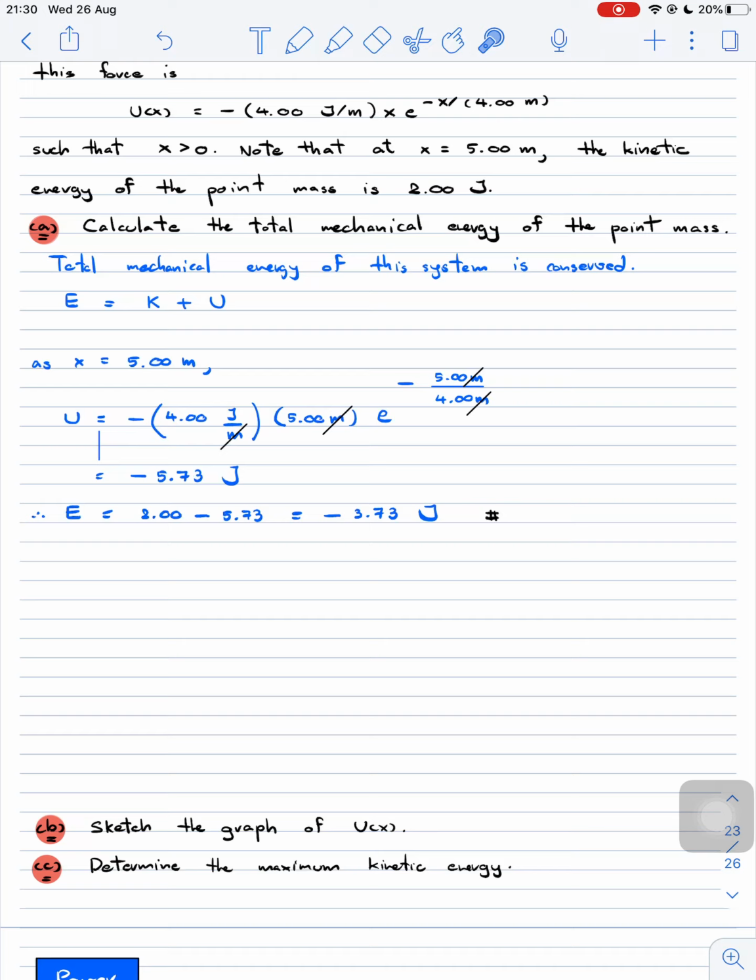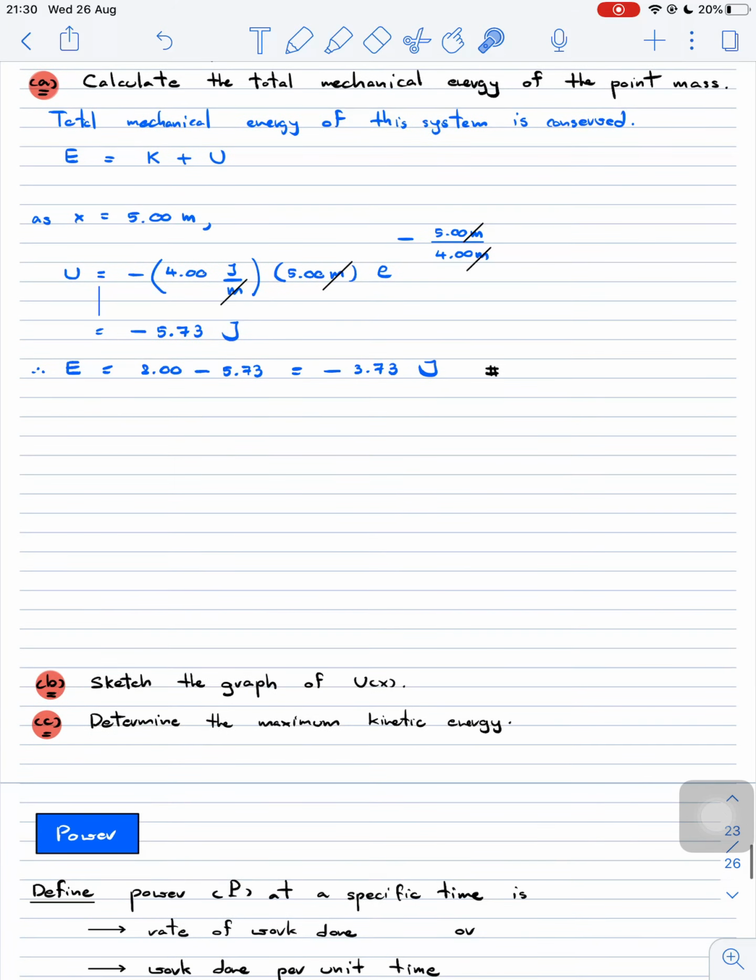So you can see that if U is negative, and its magnitude is larger than K, in this case the total mechanical energy E can be negative. So that's fine.